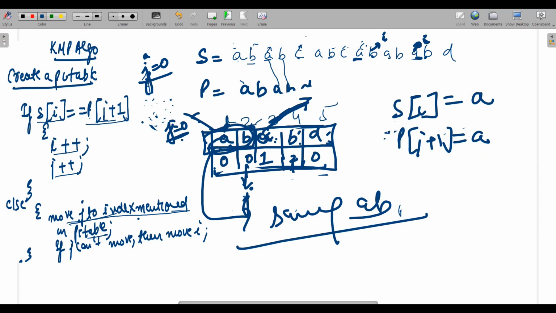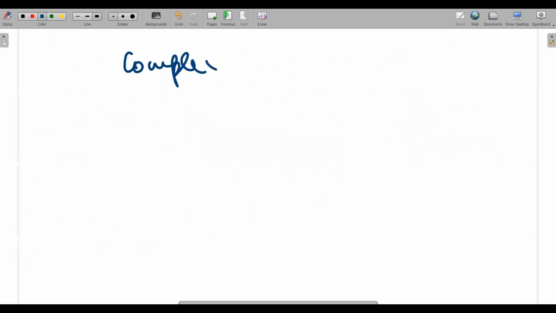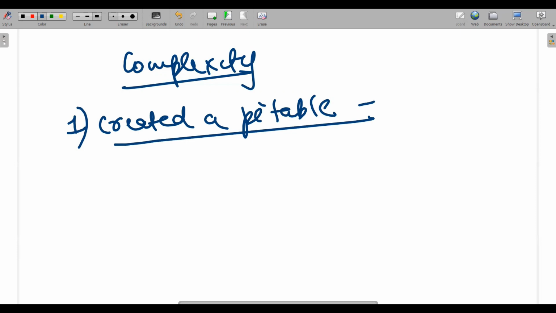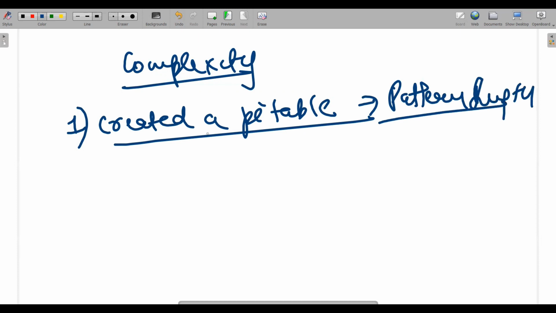And if I want to calculate the complexity of this algorithm, the first thing is we created a pi table, and pi table creation is entirely dependent upon your pattern length, and pattern length actually was your m. And the second important part was that after creating the pi table, the matching was done.